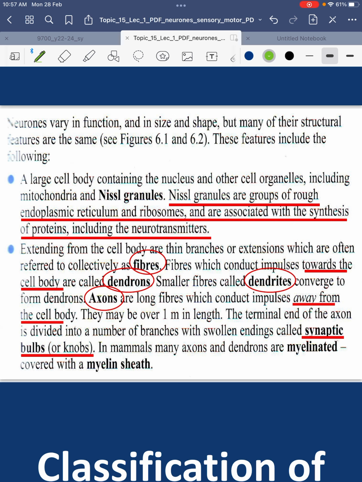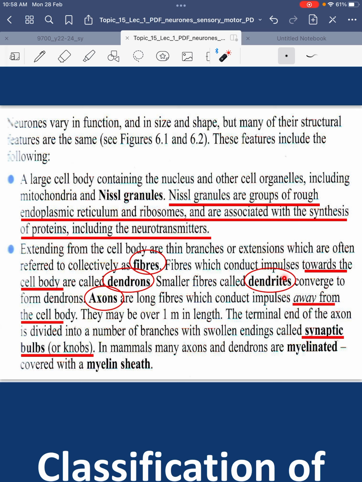And you will come across some new terms like fiber, dendrons, dendrites, axon. Fibers extending from the cell body are thin branches of extension, which are often referred to collectively as fibers. Fibers that conduct impulses towards the cell body are called dendrons.